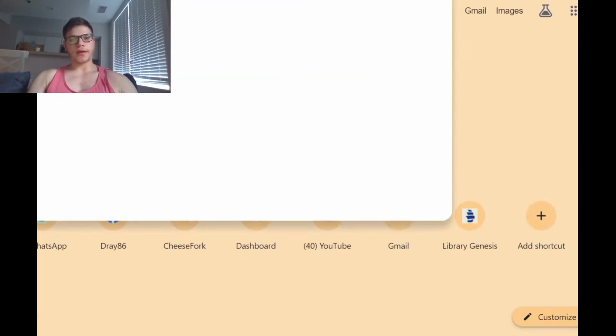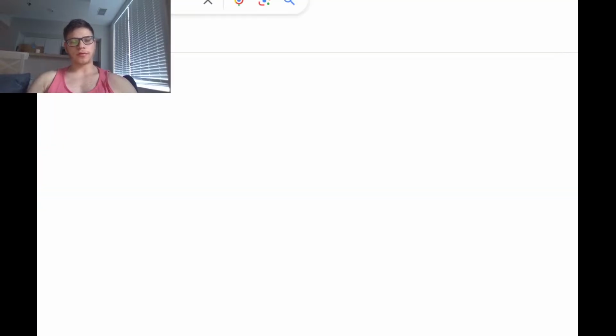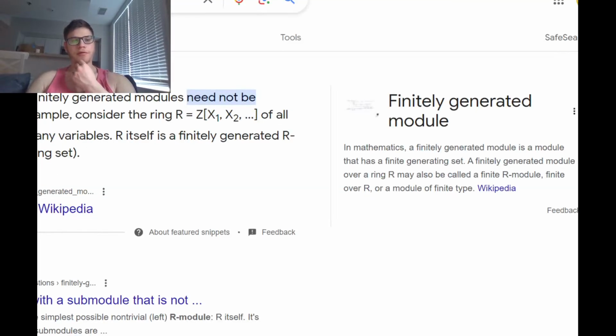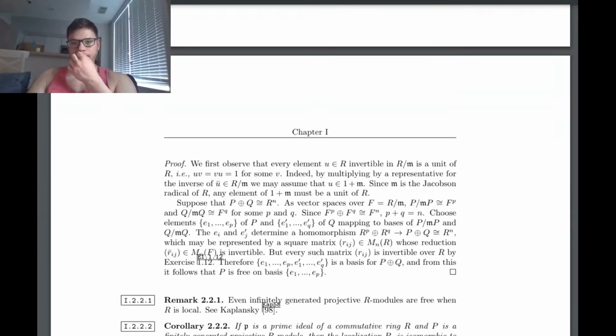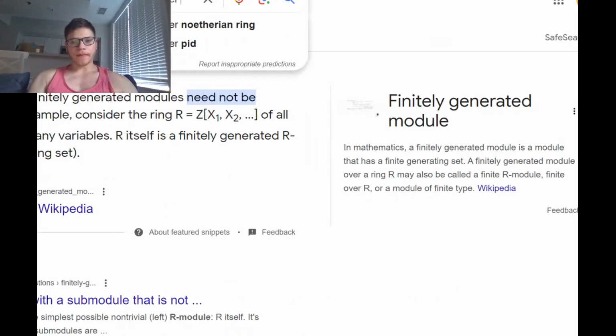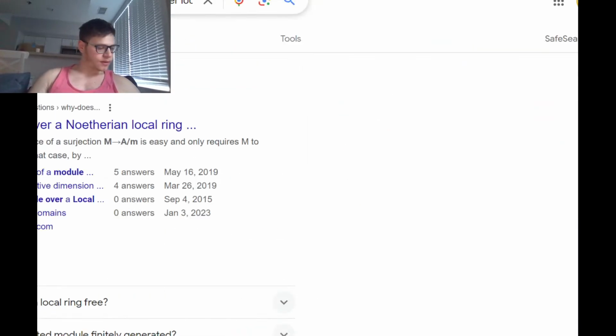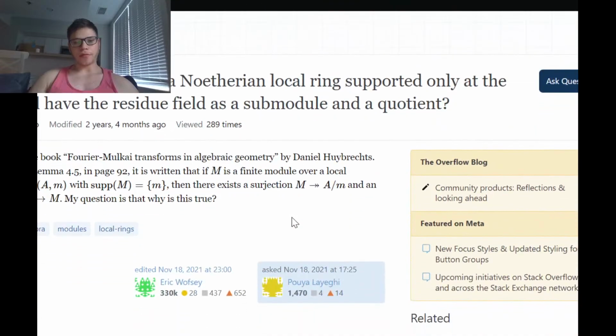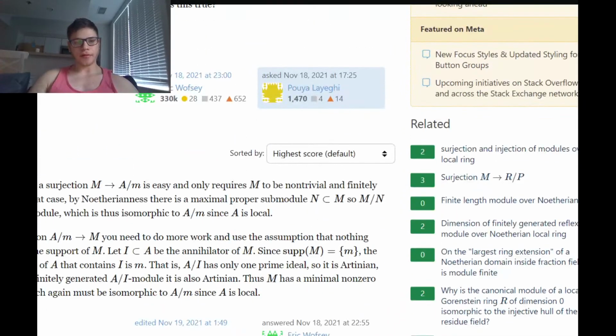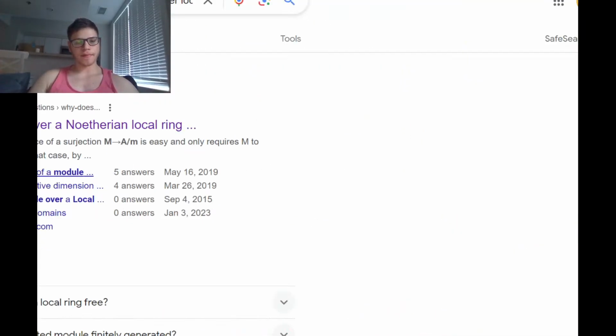Submodules of finitely generated modules need not be finitely generated. Maybe over a local ring they are? Over a local ring, let's see. If a finite module over an Artinian local ring, support only the maximal ideal. Okay, that's not the question that I wanted to ask.